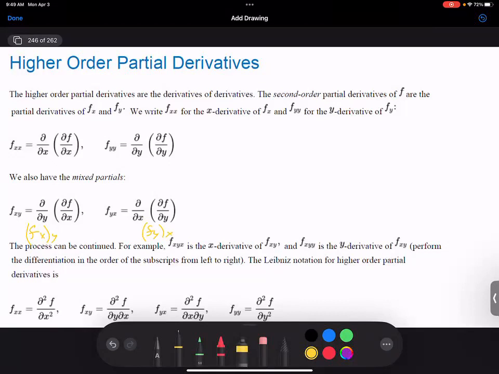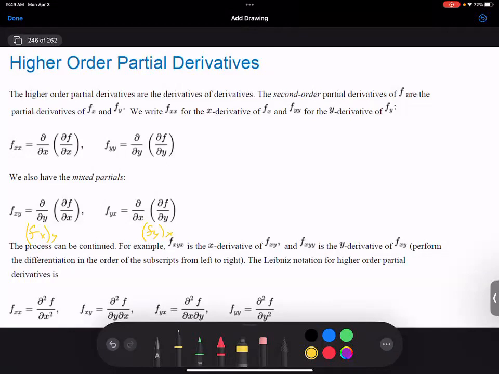Now, it would be wonderful if it didn't matter which order we differentiate. There are lots of different ways of writing it. When I write f_xy, I can write that as d squared f. This is very similar to d2f dx squared, the second derivative. That's what the 2 is standing for. And then I've got the dy dx. I put the dx furthest to the right, and then the dy after that.